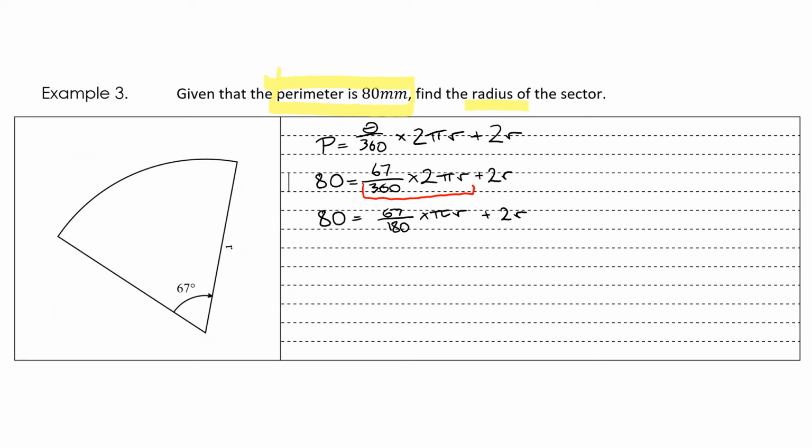Now, when you times a number by a fraction, you only multiply the numerator by that number. So we're going to have 80 equals 67 pi r over 180 plus 2r.